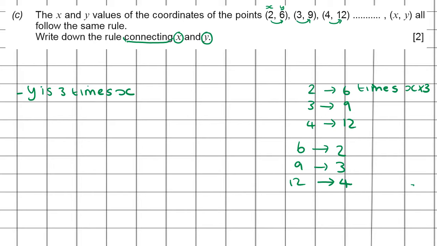So how do we get from 6 to 2? Which is just the opposite. So therefore x is 1 over 3 times y. Sorry, it's not divided, it's times.